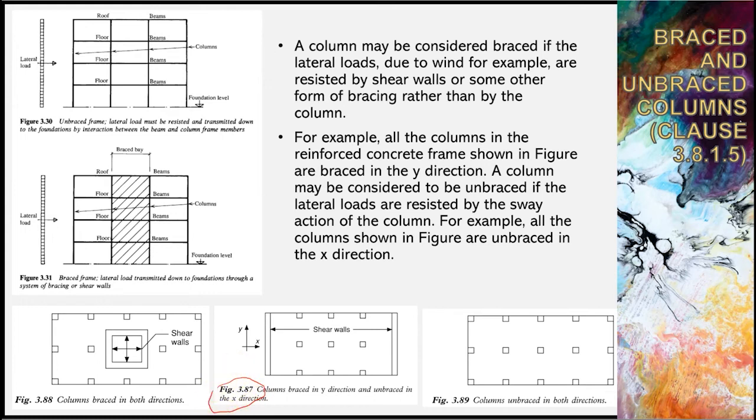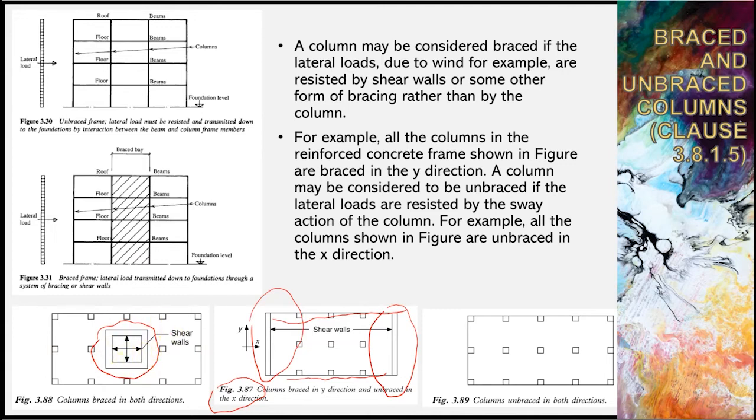However, if you look here at figure 3.87, it is unbraced in the X direction, but in the Y direction, it is braced. Okay, it can also be braced in both directions. For example, you have a shear wall in the middle like this. Normally, if there is a lift, an elevator, it is normally a shear wall.